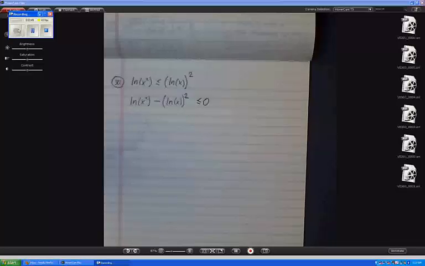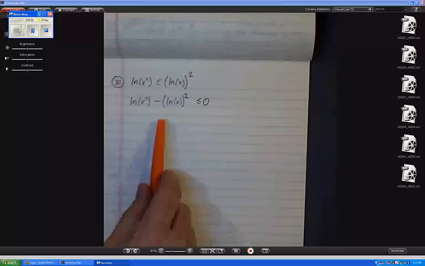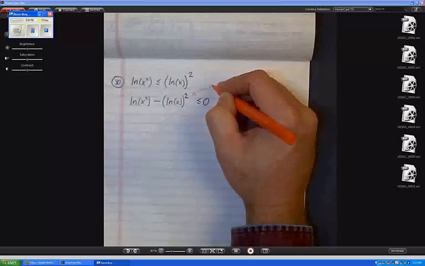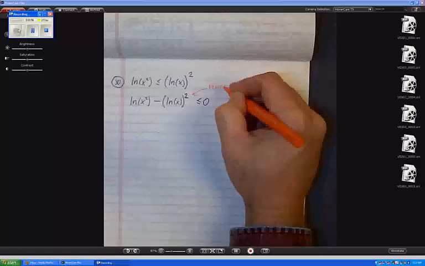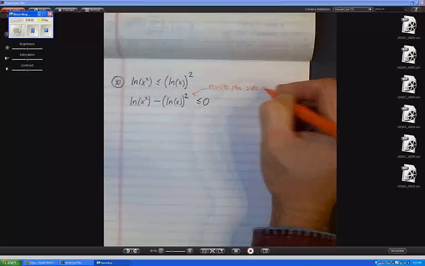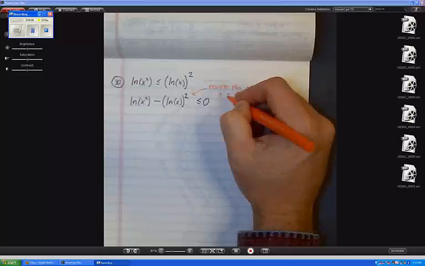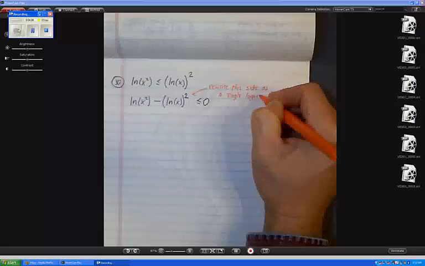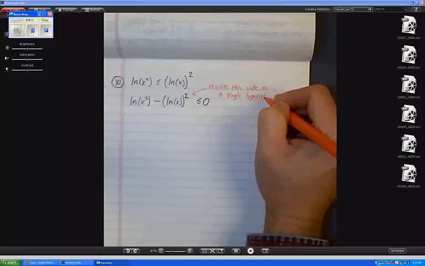See, what they want you to do, and actually this will also help you with number 24, is they want me to rewrite this side as a single logarithm. That's what I'd really like to do.